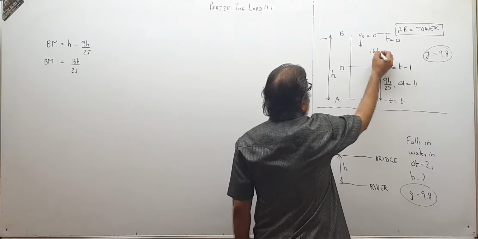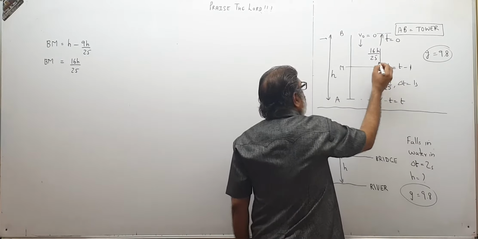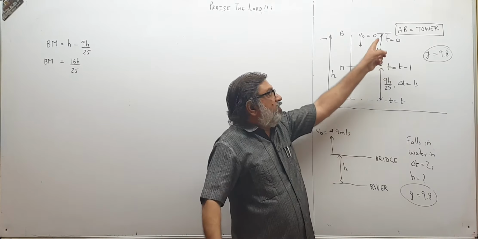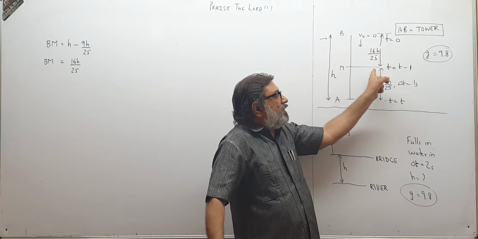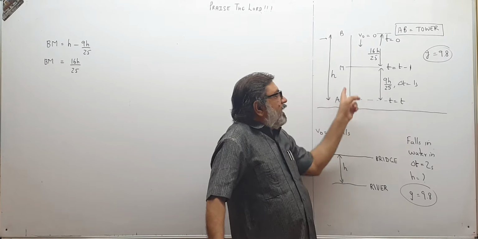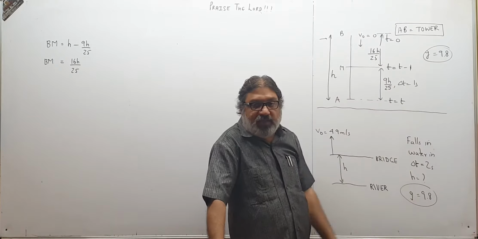So 16h upon 25 distance is covered by the stone from here to here in time t minus 1, and total h distance is covered by the stone in time 0 to t, so t time.